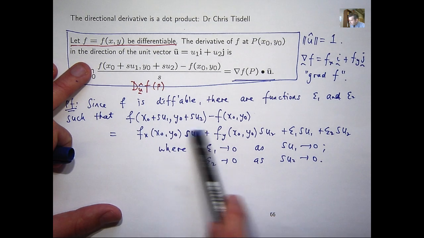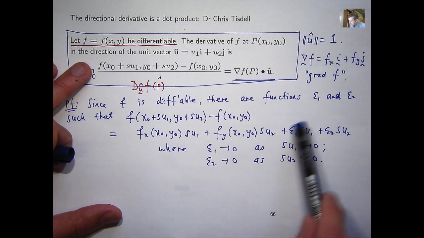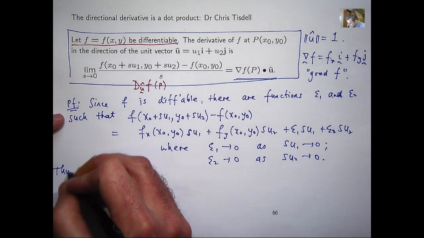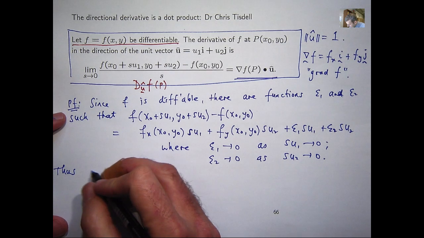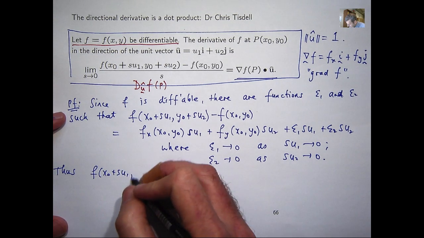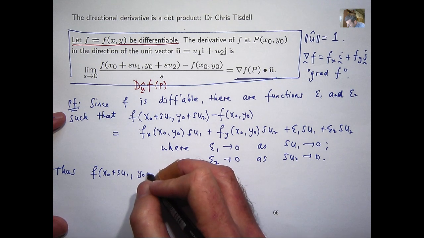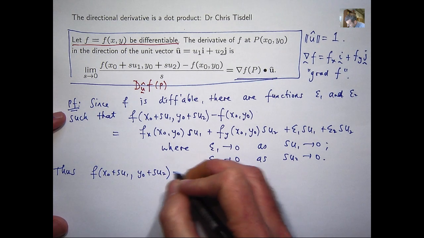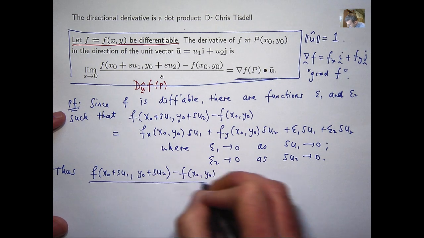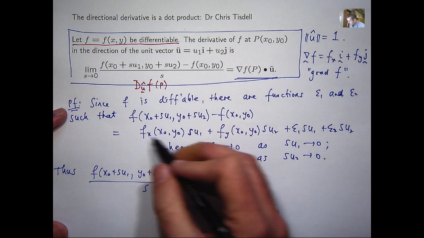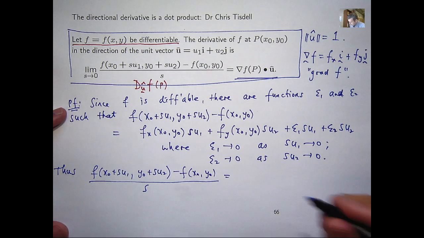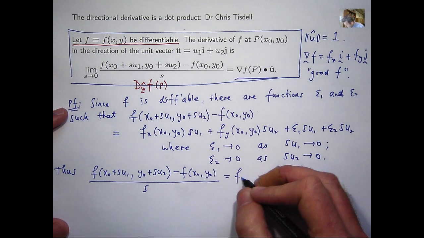Okay, so what I'm going to do now is just consider this, forget about the limit for a second, just consider this quotient with the top replaced by this. So if I divide everything here by s, you can see I'm going to get a lot of cancellation. Okay, so if I divide by s, then I'm going to get something like this.